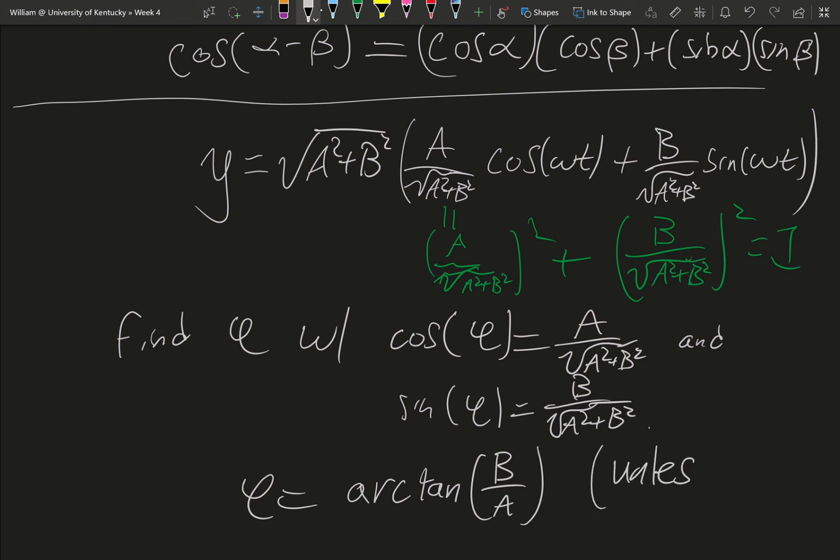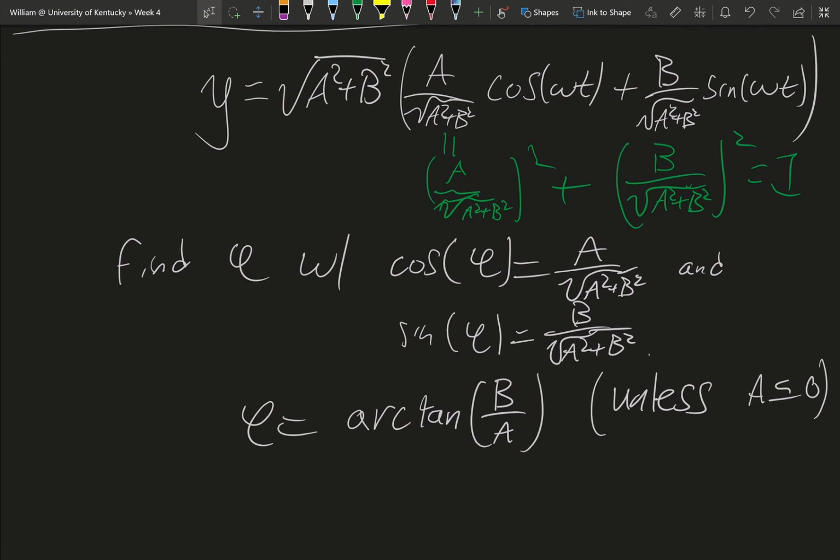And that formula works, unless my a coefficient is less than or equal to 0. If a is less than 0, then it's just going to be arctan of the same thing plus pi.